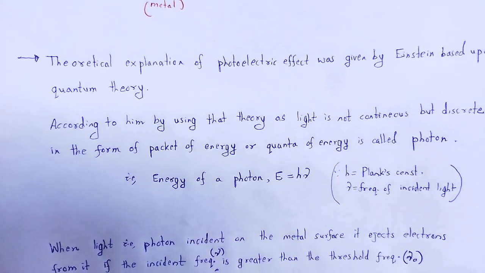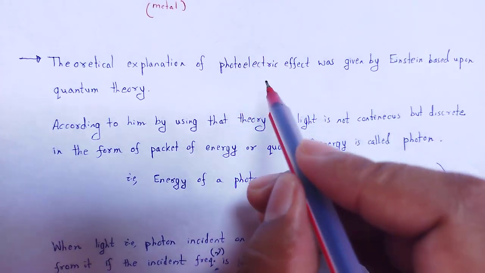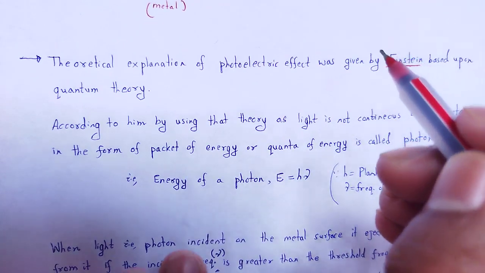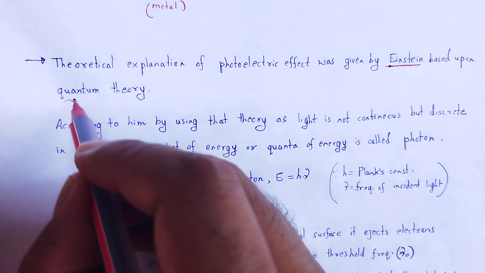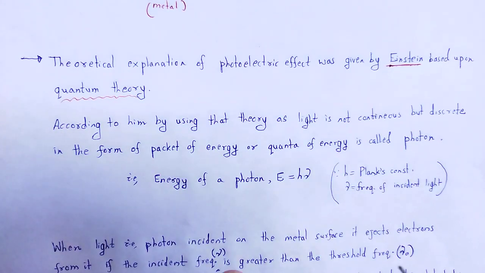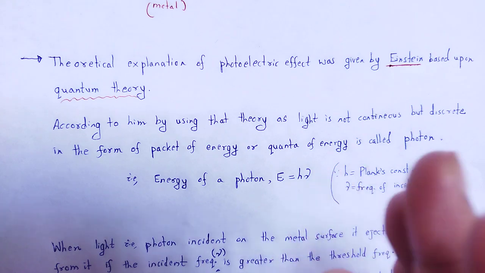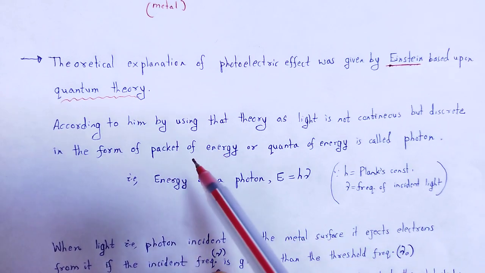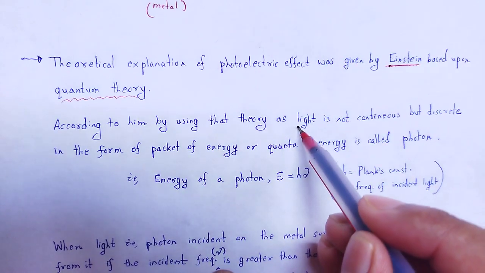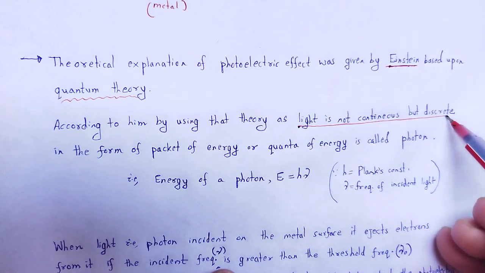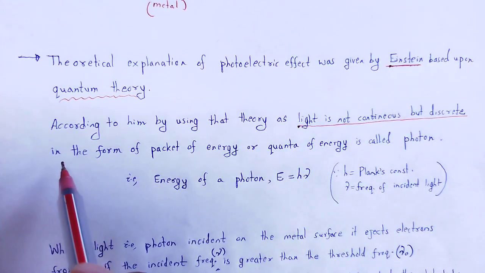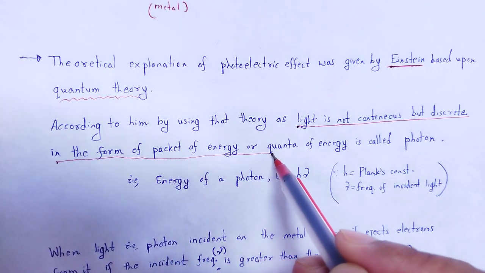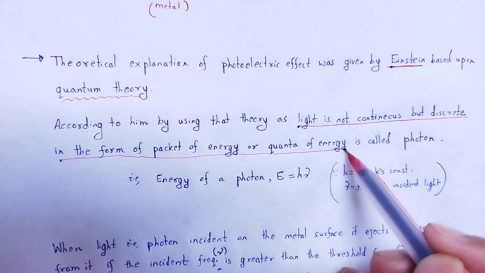First of all, the theoretical explanation of the photoelectric effect was given by Einstein, and that theory is based upon quantum theory. According to him, light is not continuous but discrete, in the form of packets of energy, also called quanta of energy.